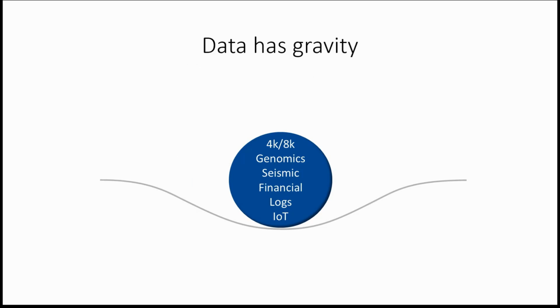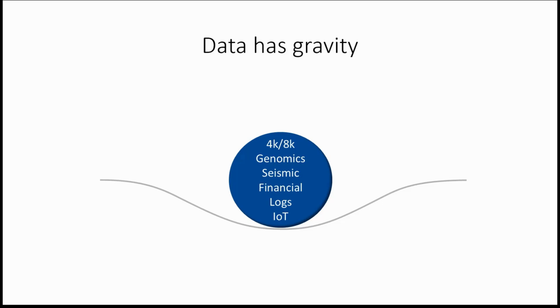So at a real high level, what we like to talk about and what we see in the industry, and many of you who have joined today probably see as well, is the fact that data has gravity. In fact, data is getting larger and larger and larger, right? If you're in the media industry, you're seeing video going from standard def to high def, but now 4K and even 8K video.